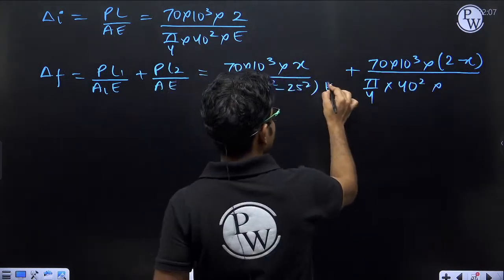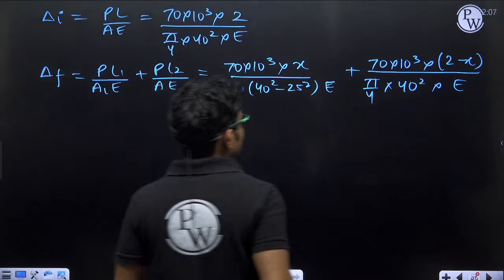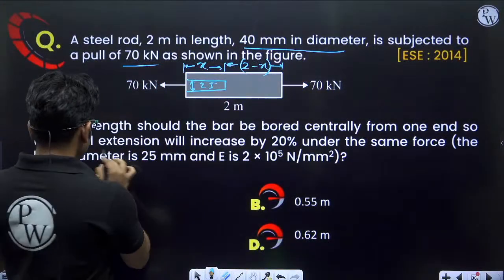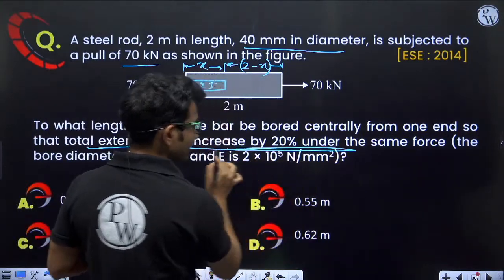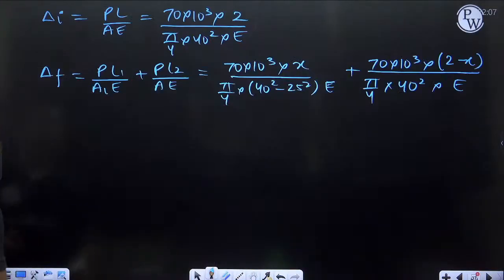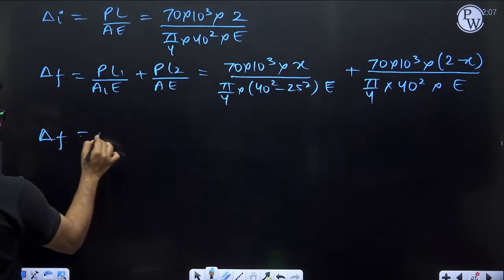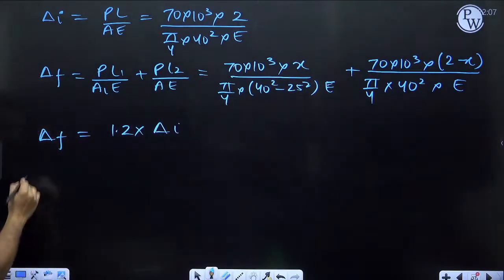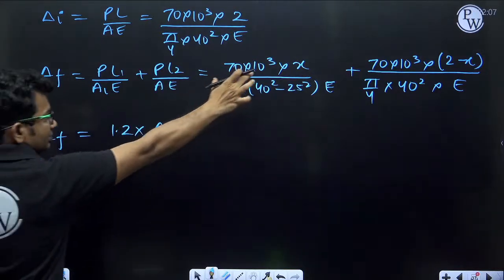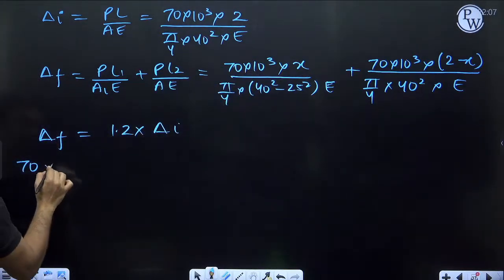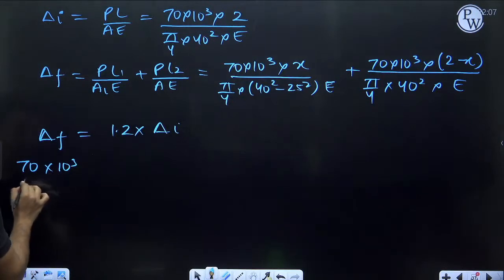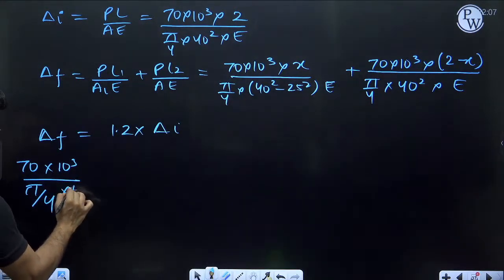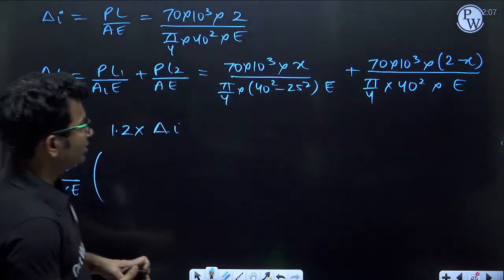into Young's modulus E. Now in the question we are given that after boring total extension is increased by 20%. So that means delta final will be equal to 1.2 times the initial extension. Let us put these values. 70 into 10 to the power 3 divided by pi by 4 into E will come common in both the parts.